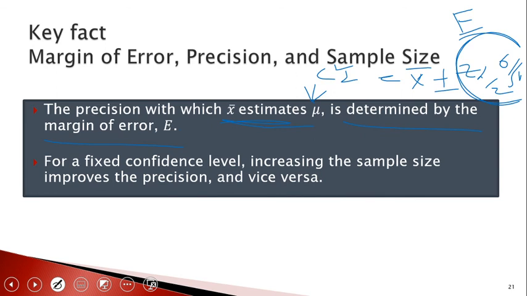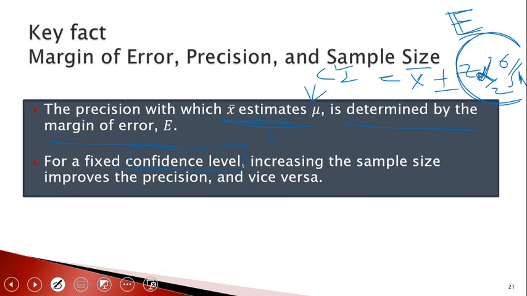When you fix the confidence level, which means you fix the alpha, although you increase the sample size, this E doesn't change, it remains the same because you fixed this alpha. Simply, you fix confidence level 1 minus alpha.